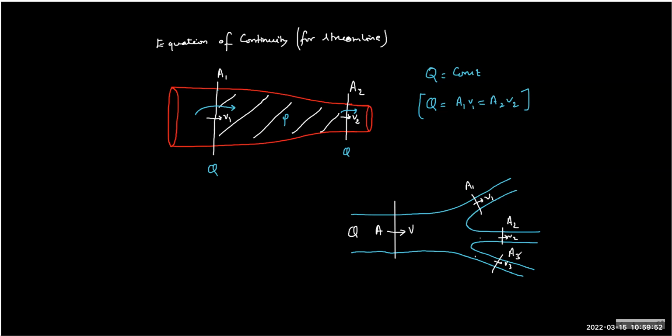The same is for water distribution in a city. The main supply will have a fixed value of Q, and they know exactly how many pipelines they can open for this Q to be maintained across various cross sections.